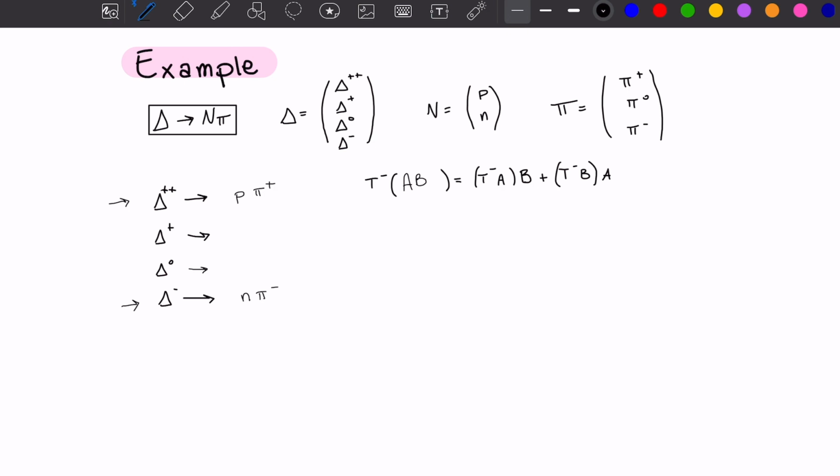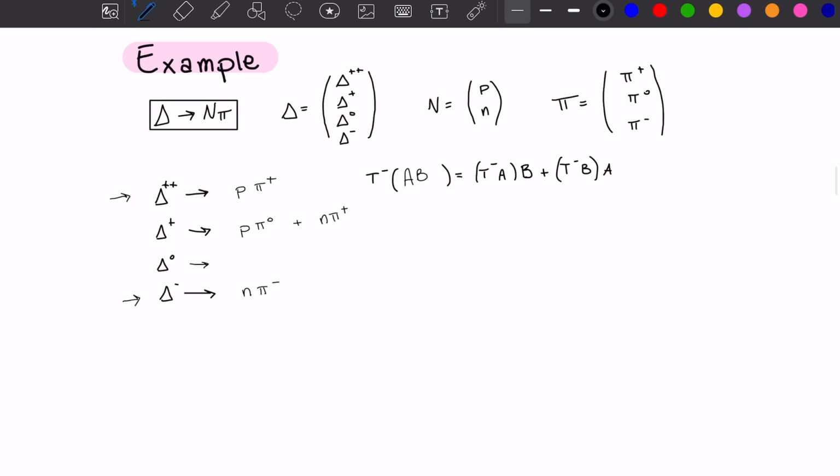So to get delta plus, this time we have to conserve charge for +1. So we can either get a proton combined with a pion 0, or we can get a neutron and a pion plus.